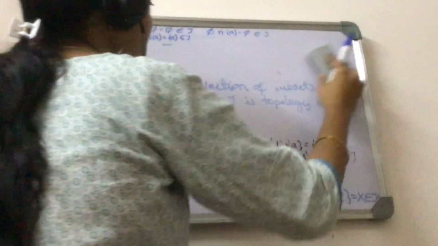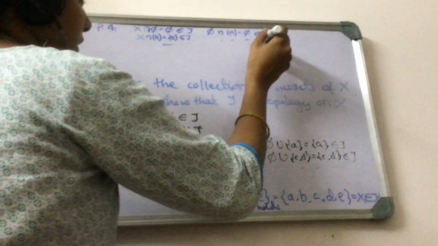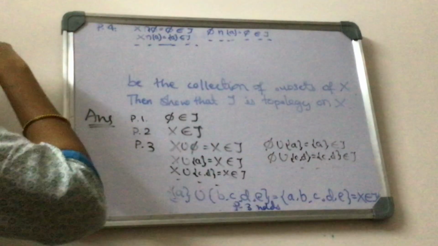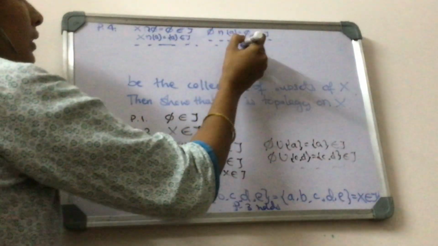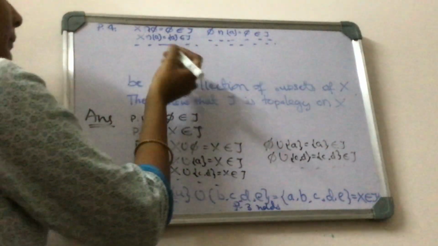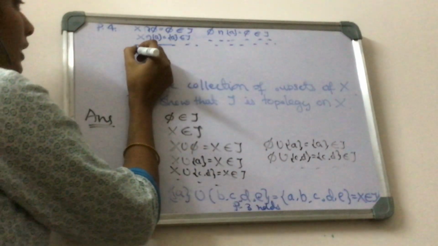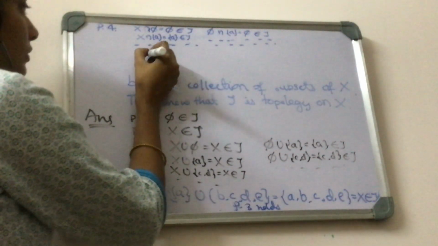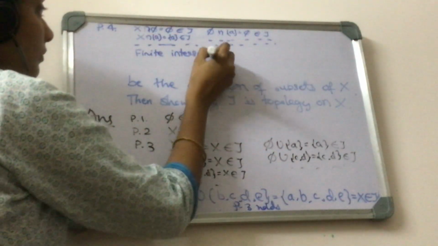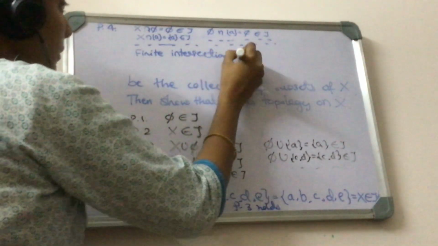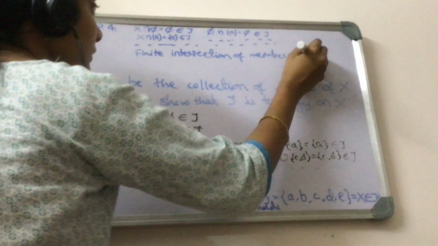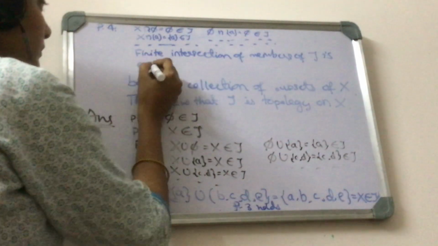Therefore, if they ask in the exam, you have to write for every subsets, you have to do the intersection for every elements, every members of tau. Therefore, finite intersection of members of tau is again member of tau.